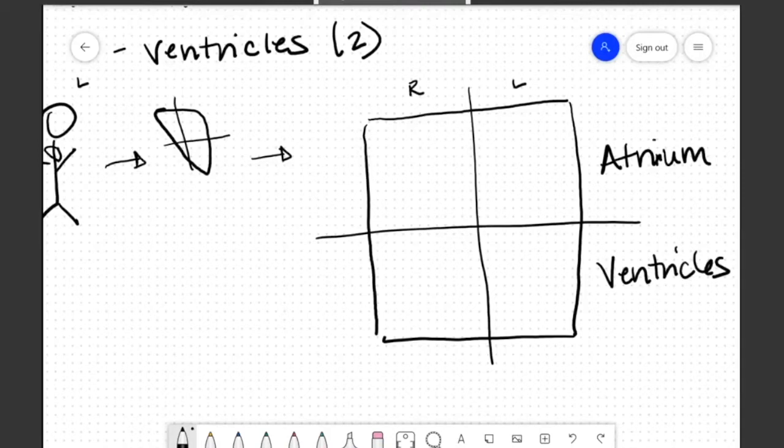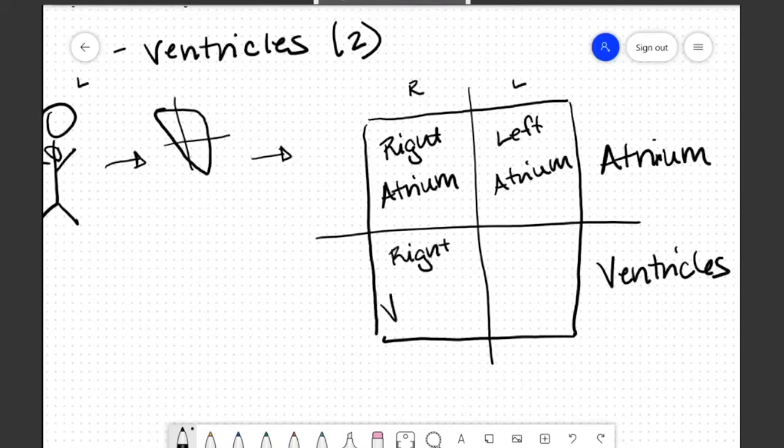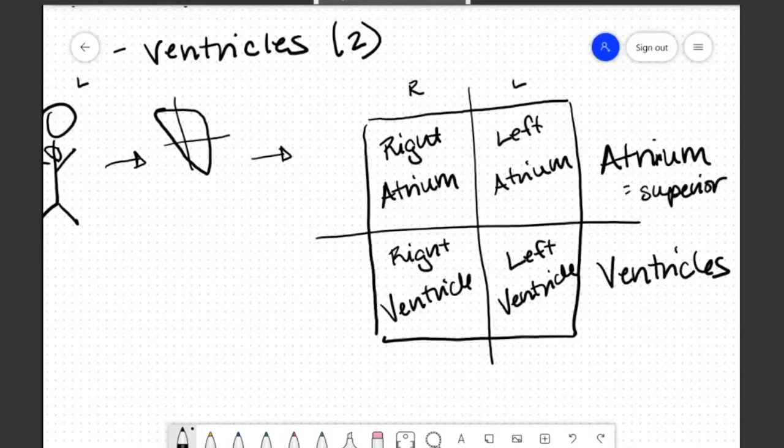So out of these 4 chambers, you will have the right atrium, left atrium, right ventricle, and left ventricle. So that's how you have your 4 chambers. Your atrium are going to be superior. Your ventricles are going to be inferior. So this is the organization.